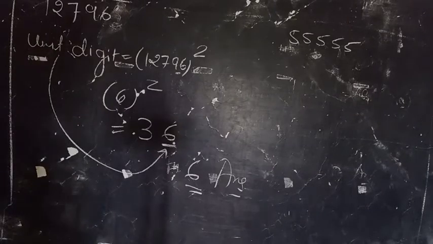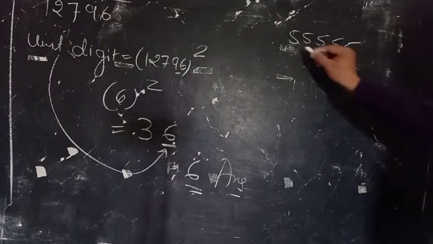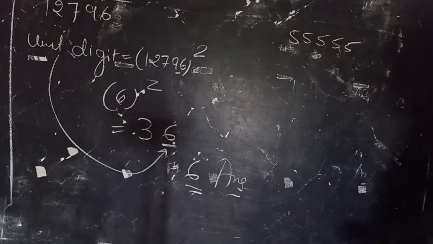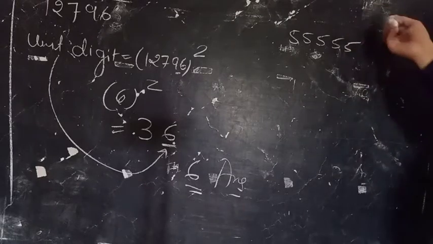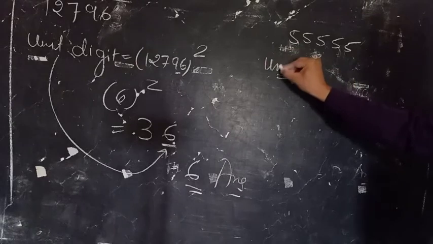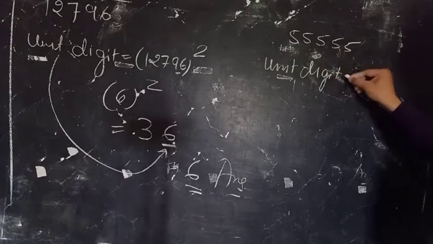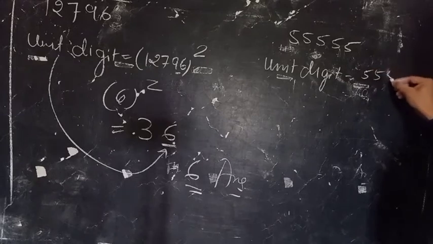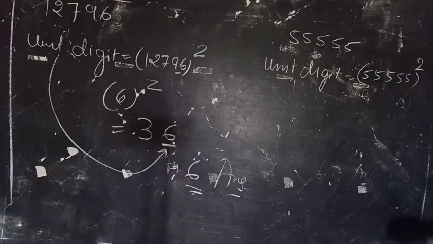Okay? Now the next is 55555. The unit digit of the square of 55555.